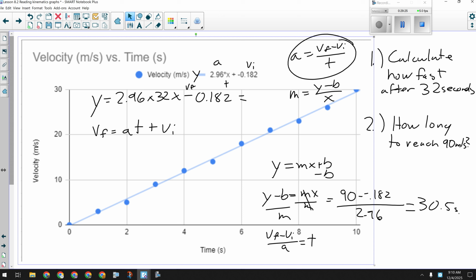Okay, last thing we got to talk about here before we move on to doing a few of these on our own. Units for acceleration. Okay, so if I'm calculating acceleration, I'm going to have meters per second minus meters per second. So it stays meters per second. And I'm dividing that by time, which is seconds.